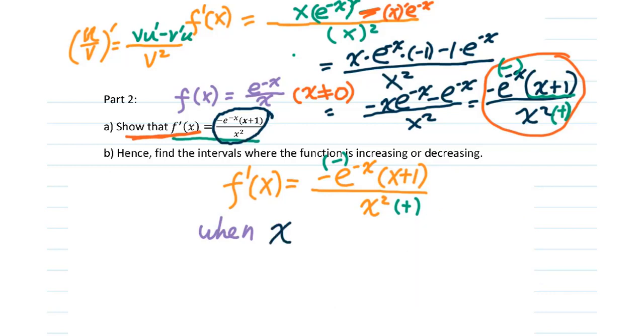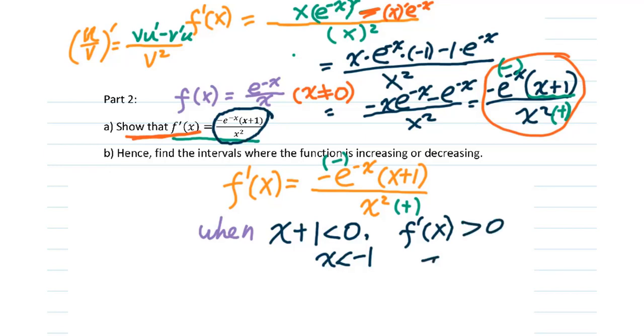Then on the contrary, when x plus 1 is less than 0, which means x is less than negative 1, you could say the derivative is negative times negative, positive, it will be positive. So the function is increasing.